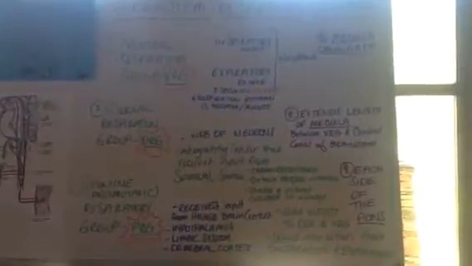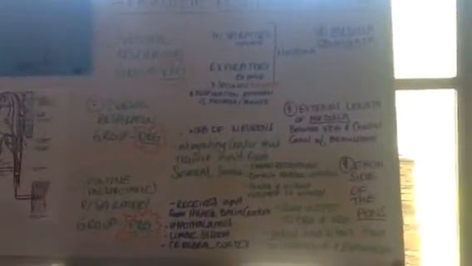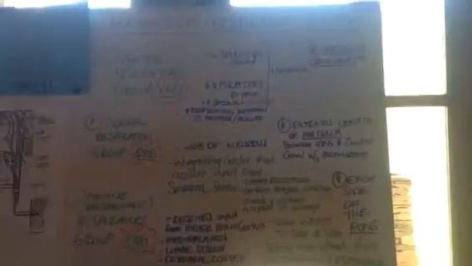So now back to the three pairs of the respiratory centers. We will start with the ventral respiratory group, which is also referred to as the VRG. This is the inspiratory and expiratory breathing.